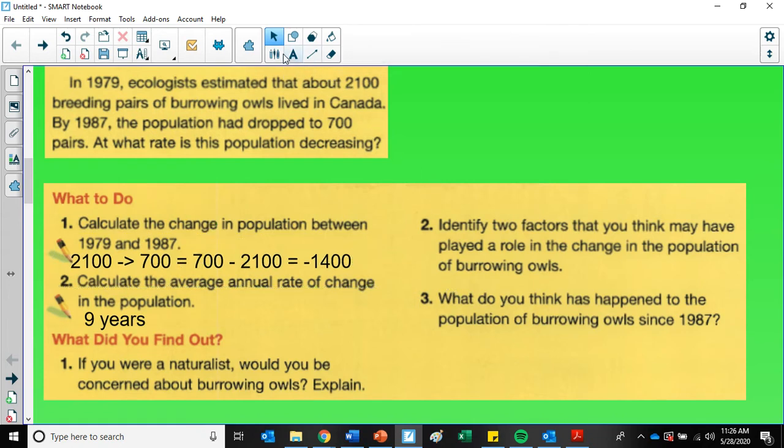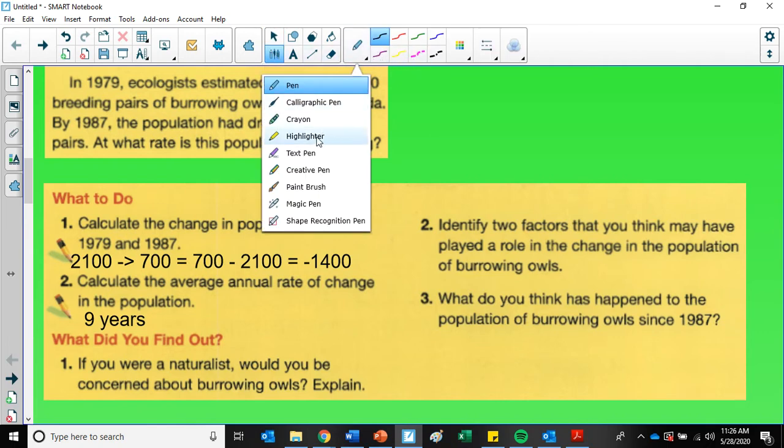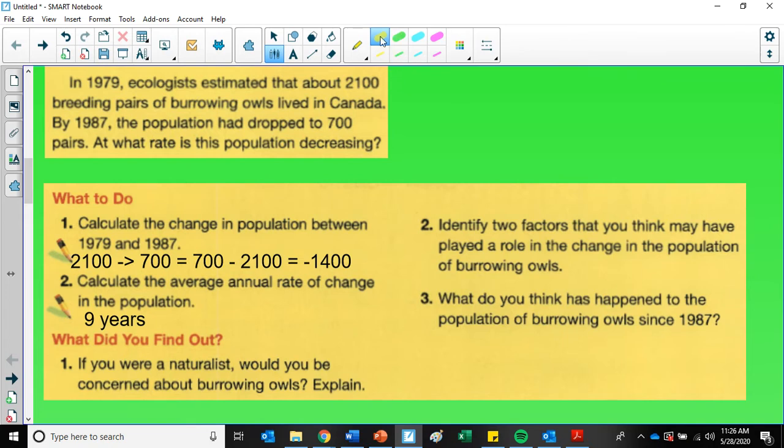I'm going to highlight it right here: 1,400. If you just took the largest number minus the smallest number, you would still get 1,400. You just have to know that's how many you lost. This negative says it dropped. Both will be the same answer as long as we know that it decreased.